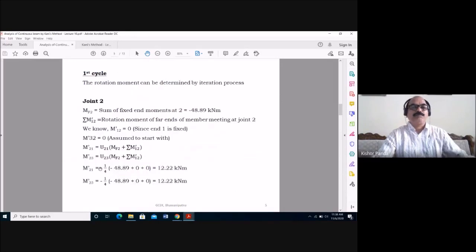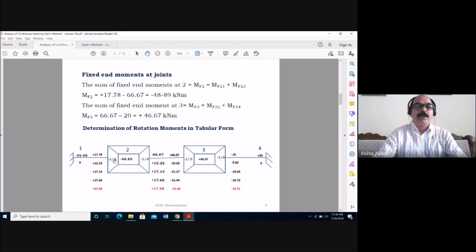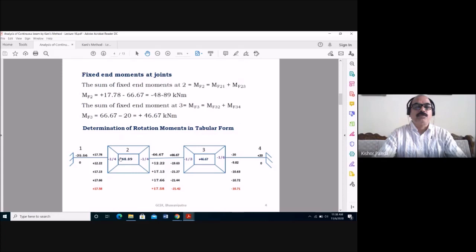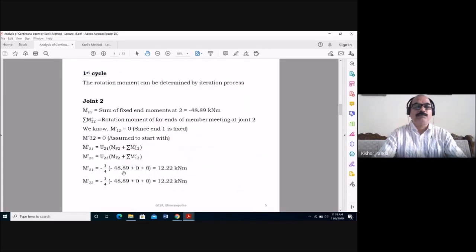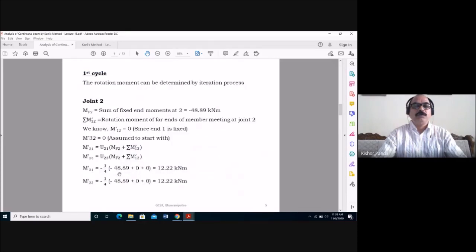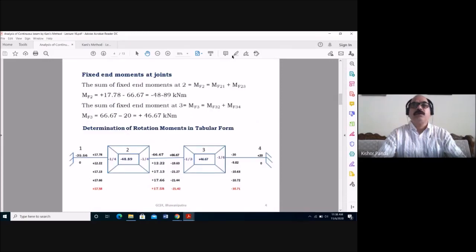So here M dash 2, 1 is equal to, the rotation factor is minus 1 by 4, and the fixed end moment of joint 2 is minus 48.89, and the far end rotation moments are 0 and 0. What is the value? 12.22. You got the near end rotation moment M dash 2, 1 as 12.22. Here you put this rotation moment.